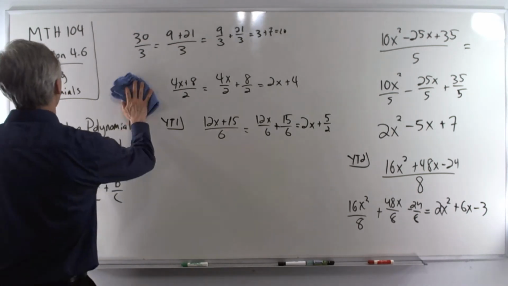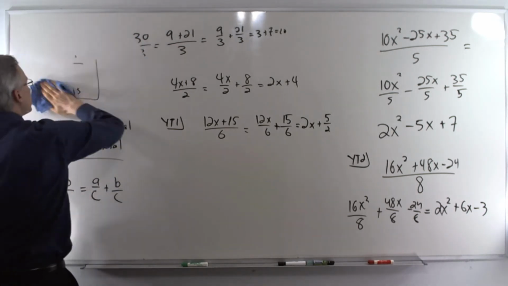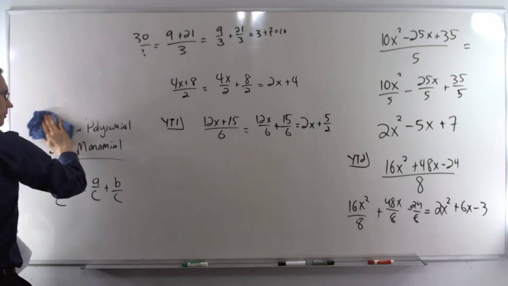All right, so we've been dividing by just numbers. Now we're going to have a monomial with some variable parts at the bottom.